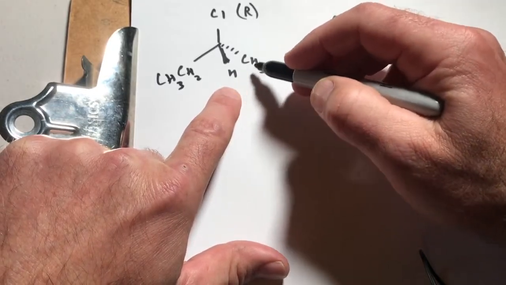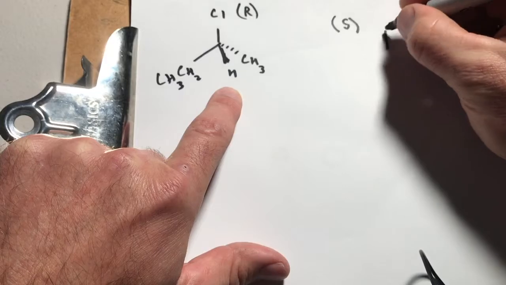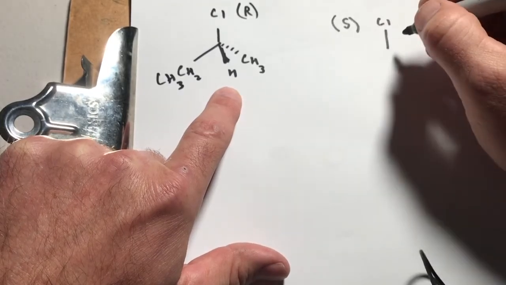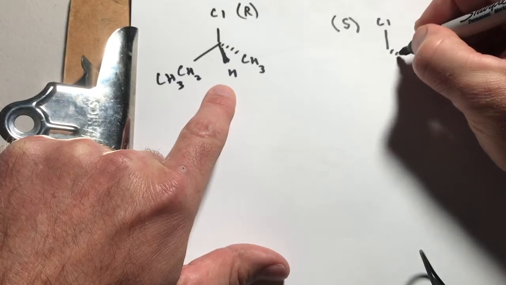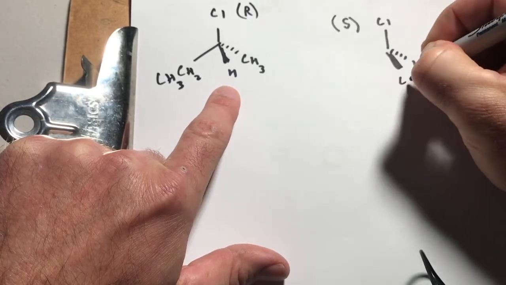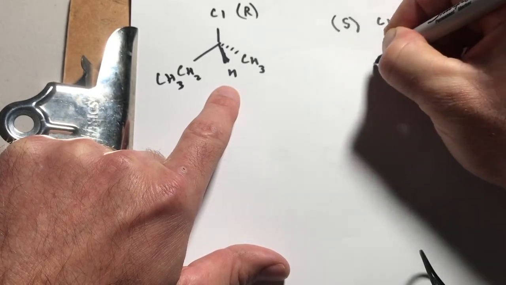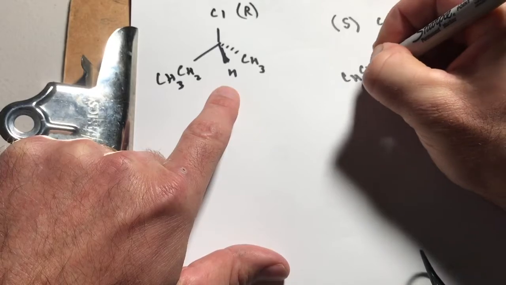That's probably the easiest to see, so I'm going to do that. But that's a really quick way of drawing what ends up being the enantiomer. So all we do is flip those 2 groups and keep the other 2 groups the same. I guess that's pretty important, that you keep those other 2 groups the same.